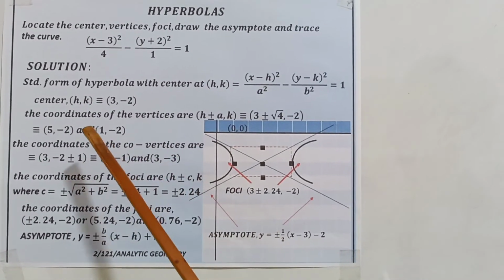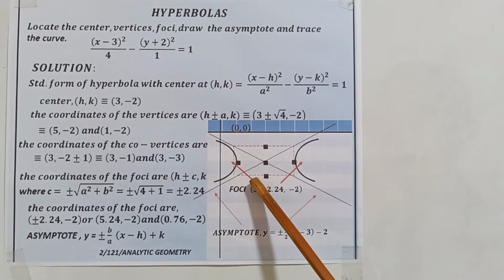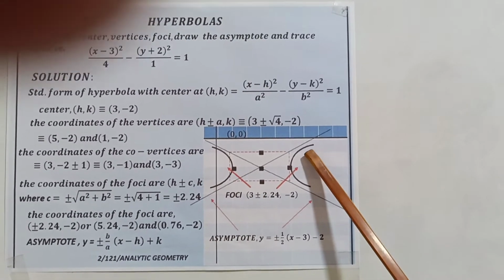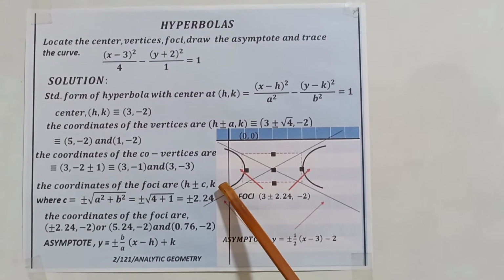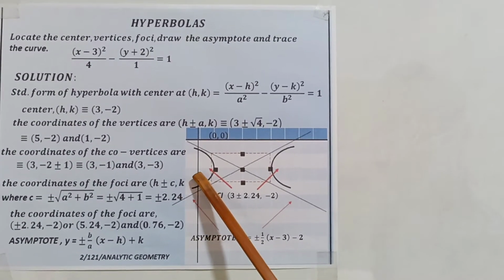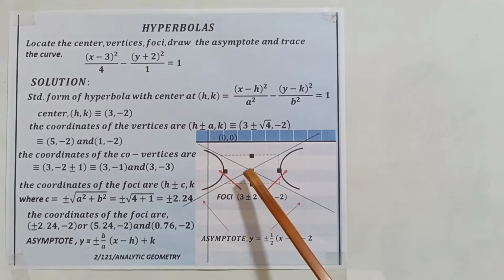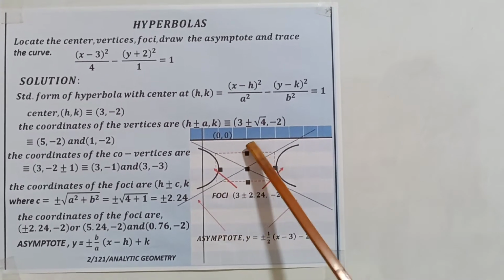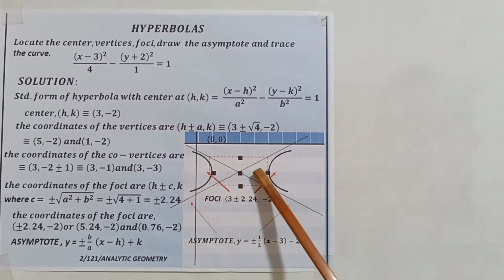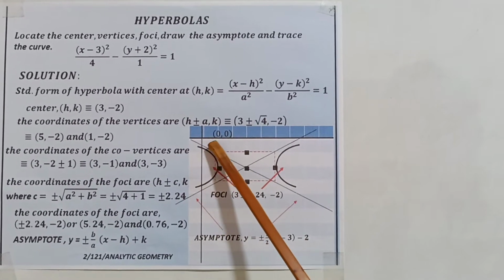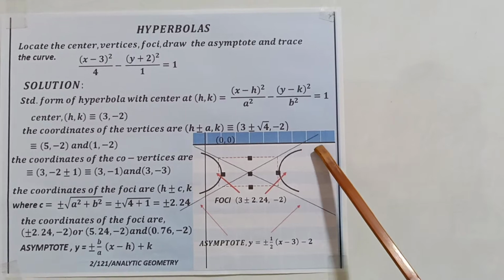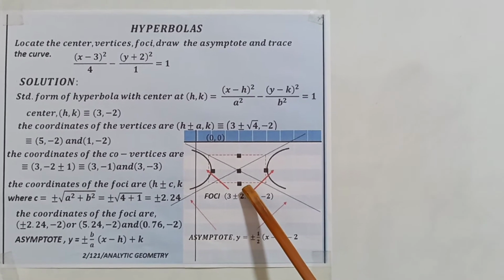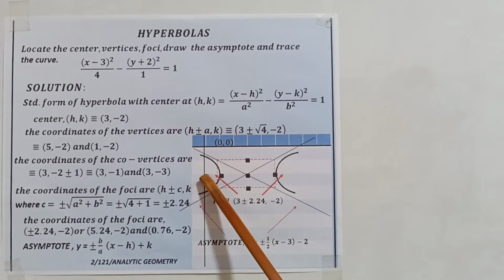So on the graph you can see, since this is the y-axis and this is the x-axis, the transverse axis is parallel to the x-axis, which is located on this one.